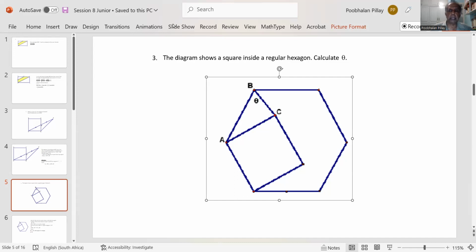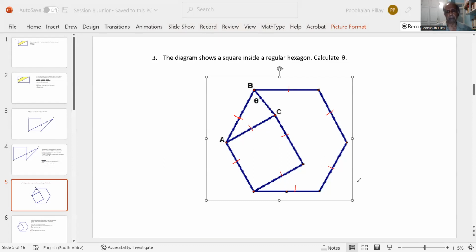Since it's a regular hexagon, all the sides are equal. So I can write down, let me put this in red so we can see it clearly, this side is equal to that side. All the sides are equal because that's a regular hexagon. Now this is a square, so all the sides of a square are equal.